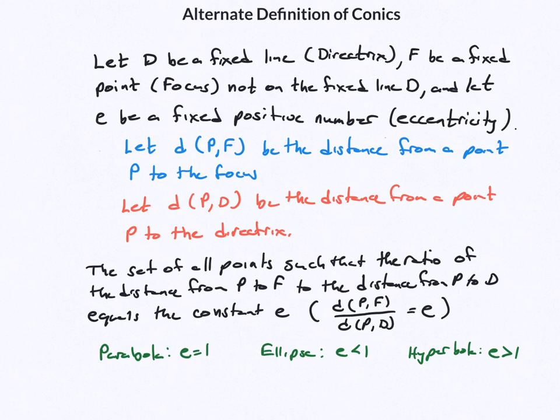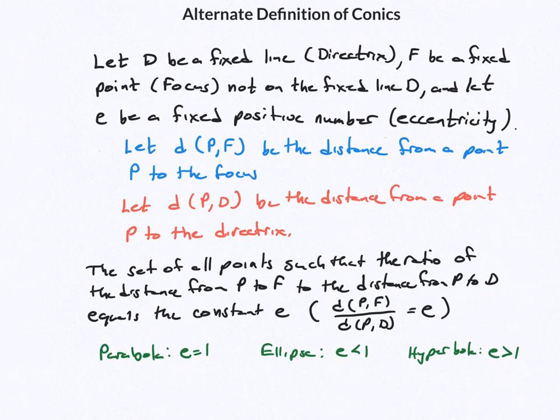And so the way we're going to do this, we're going to have the set of all points such that if we take the ratio of those two distances, the distance from P to F and the distance from P to D, that's going to be our constant e, equal to the eccentricity. In other words, this equation right here.